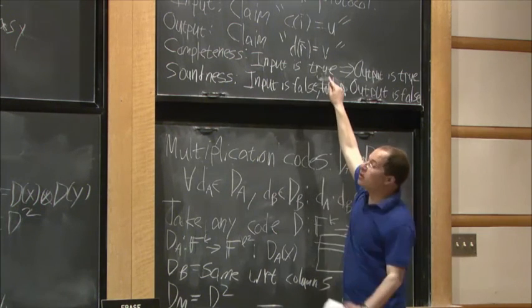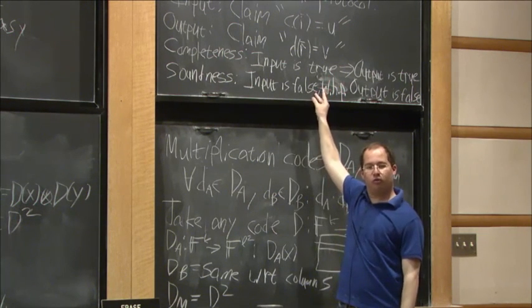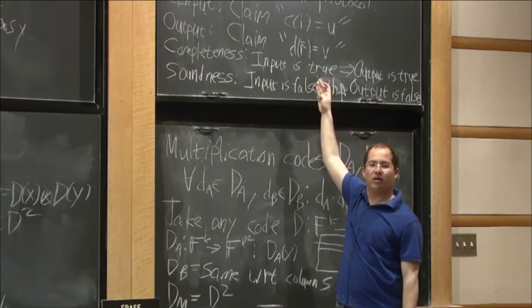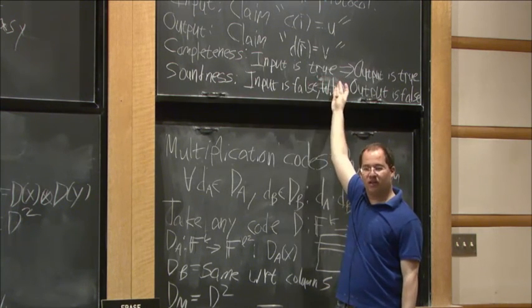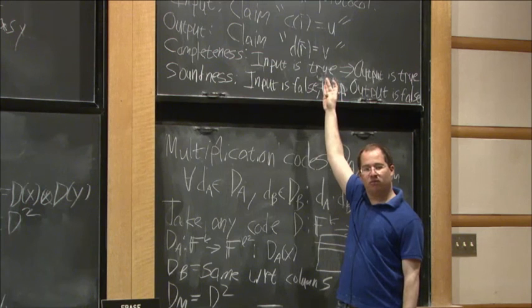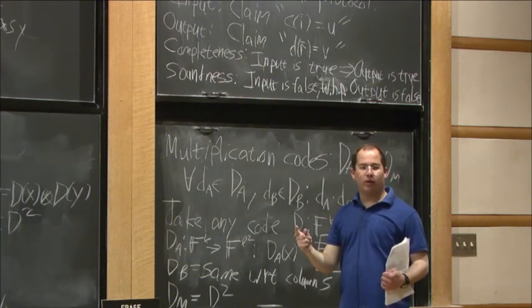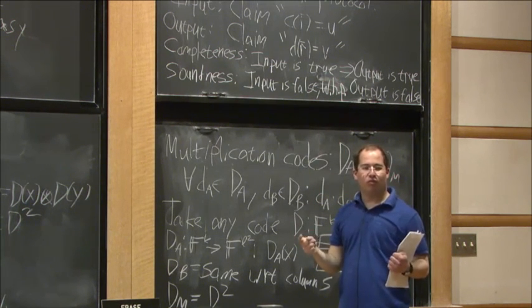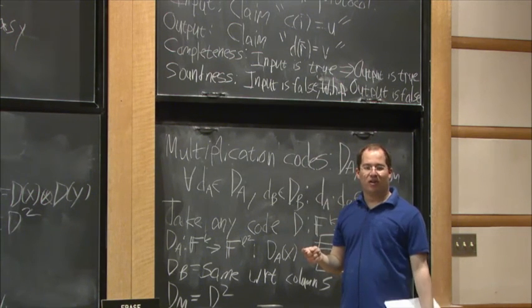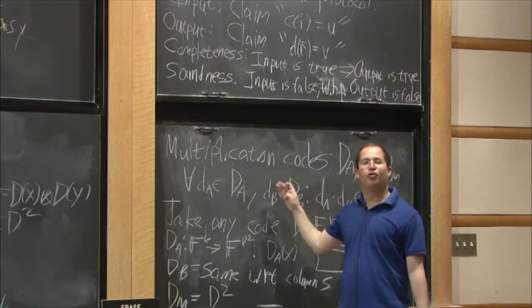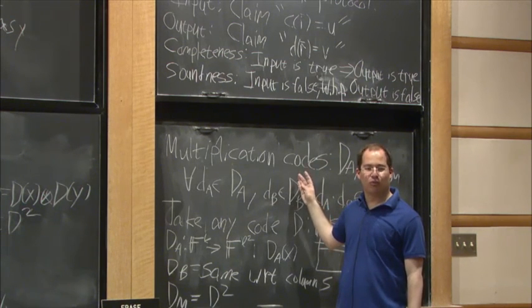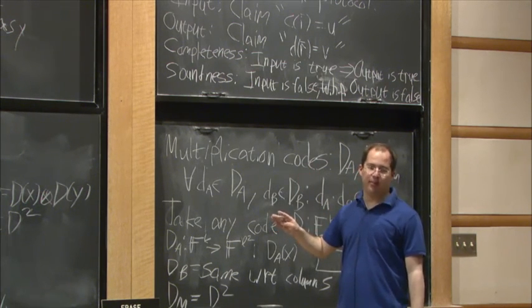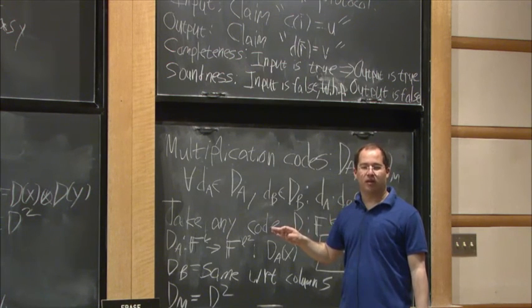And we can use the sum check protocol to move back into an encoding of the truth table of the formula via dA and dB. So we go back and forth. Whenever we have a universal quantifier, we use the multiplication codes to move from dA and dB to dm, and then we use the sum check protocol to move back to dA and dB. This is the basic idea.